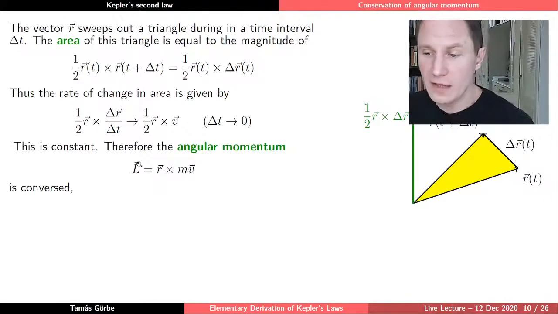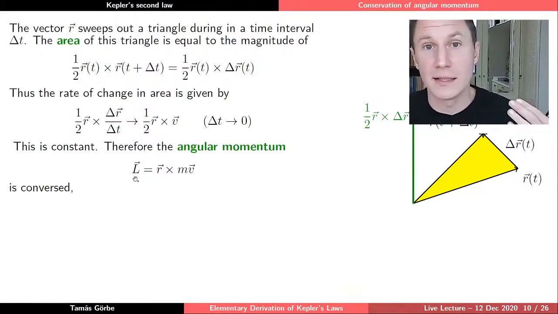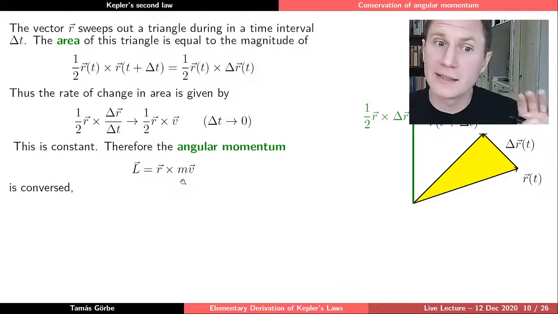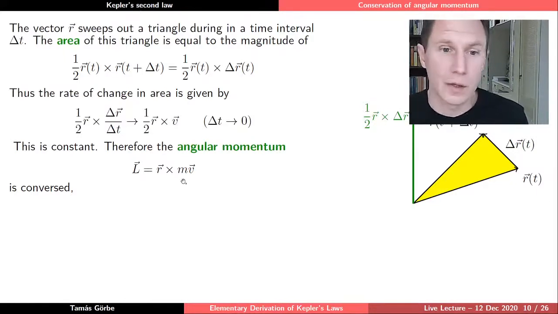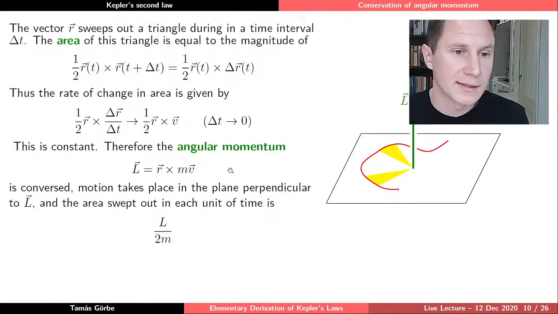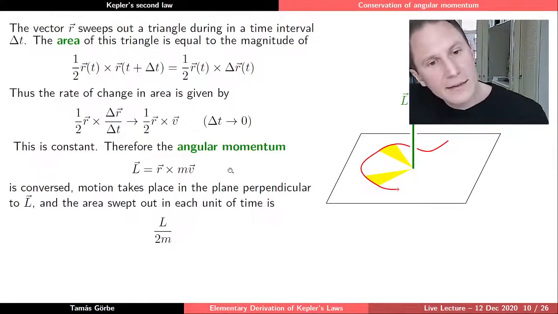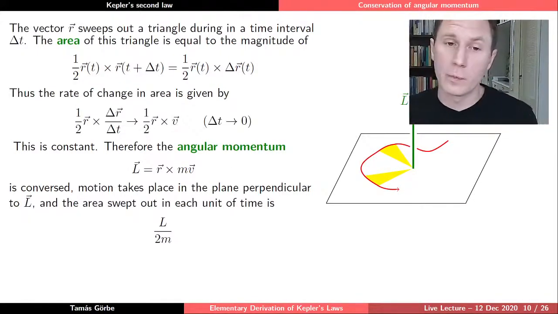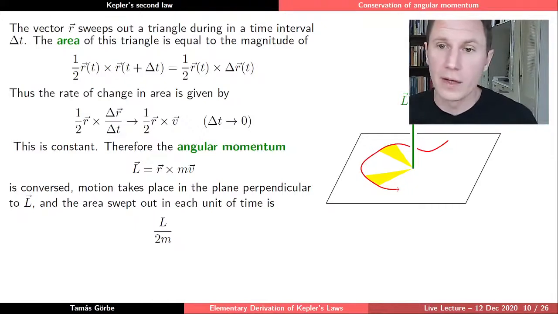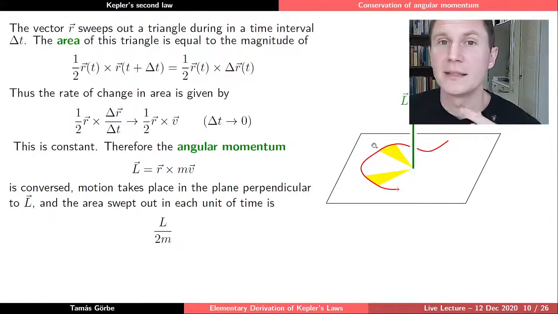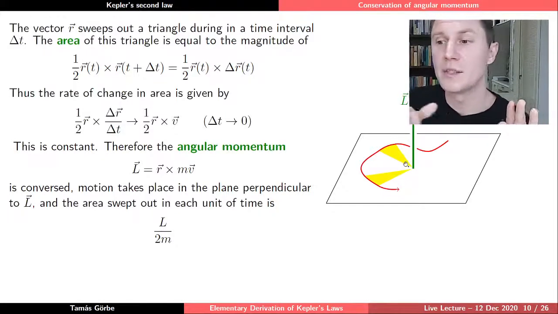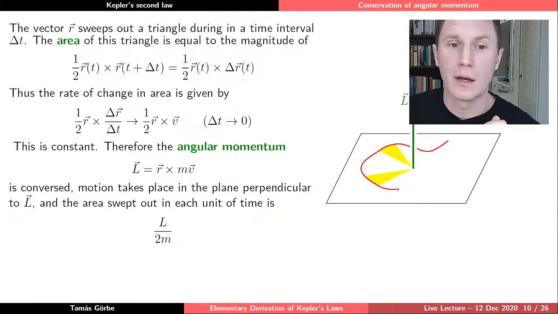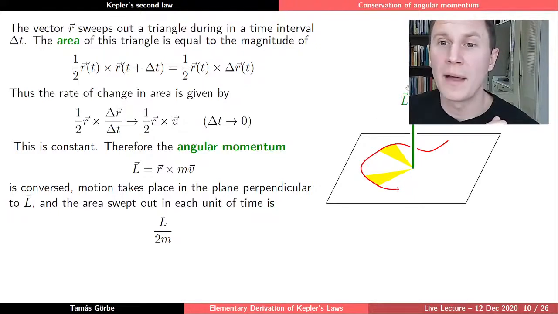And what we have seen here is that it's a conserved vector. It's a fixed vector that remains the same as time passes. And in fact, what we have seen in Newton's proof as well, and what you can see here, is that the motion has to take place in a plane that is perpendicular to this fixed angular momentum vector.